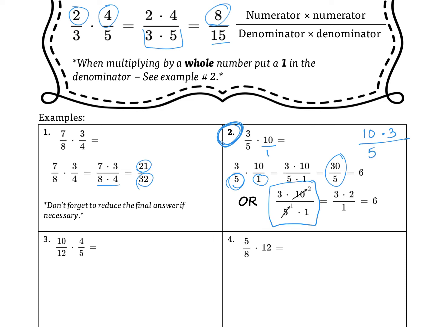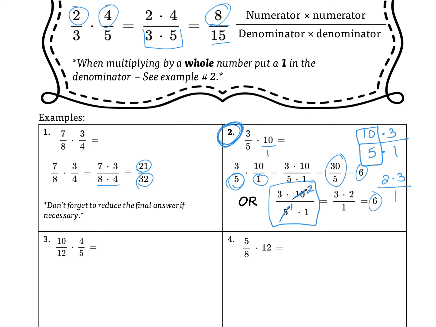And 5 times 1. Now, if you notice here, I can divide that. That gives me 2. So that's when I say cross cancel, that's what I'm doing. I'm dividing 5 divided by itself is 1. And then 10 divided by 5 gives me 2. So that just leaves me 2 in the numerator over 1, which then gives me 6. And you'll notice both methods give me the correct answer. It's just a matter of preference as to which you prefer.